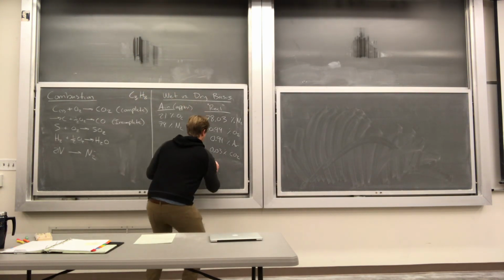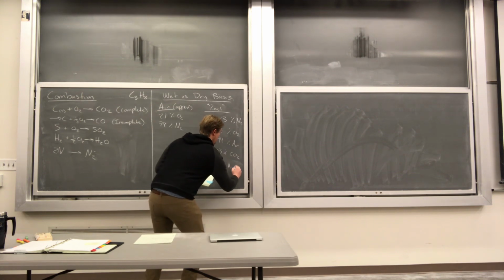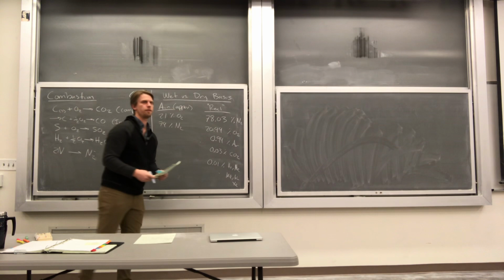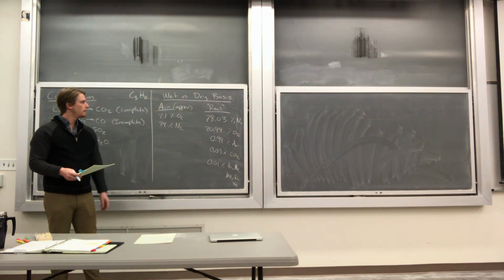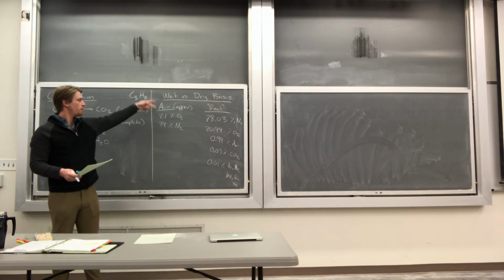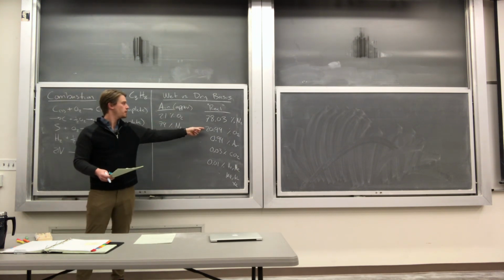And then we have a very small amount of some other compounds: hydrogen, helium, neon, krypton, xenon, a bunch of other stuff. Now, the reason we say this approximation is reasonably good is because oxygen is pretty close to 21%.